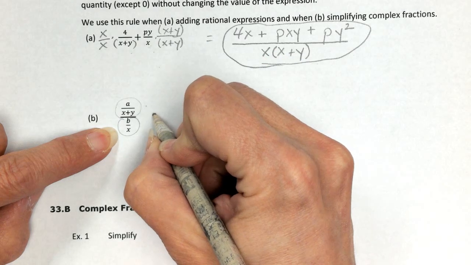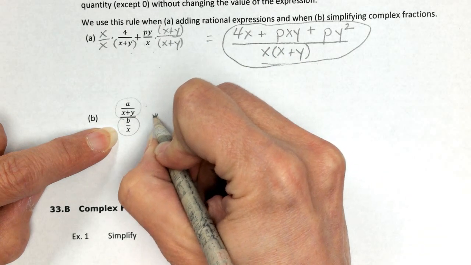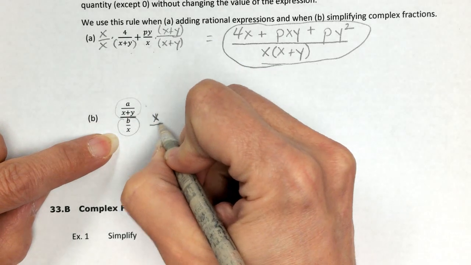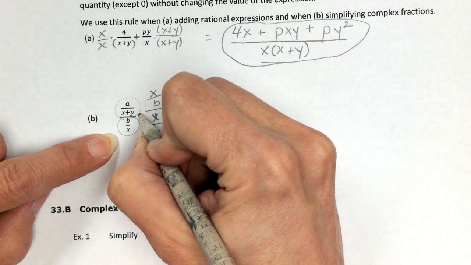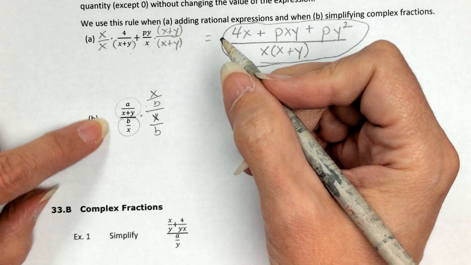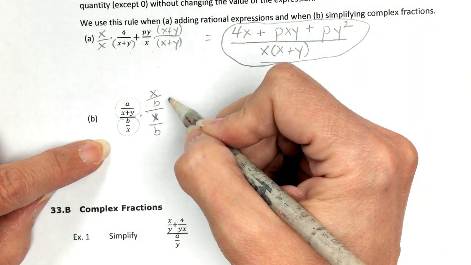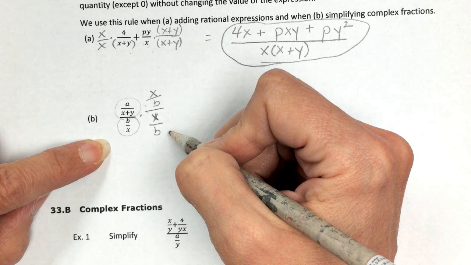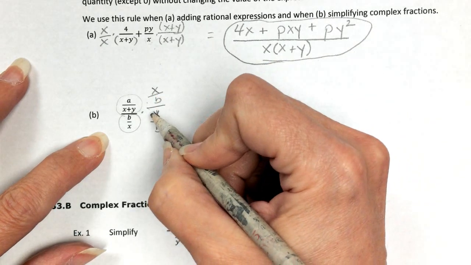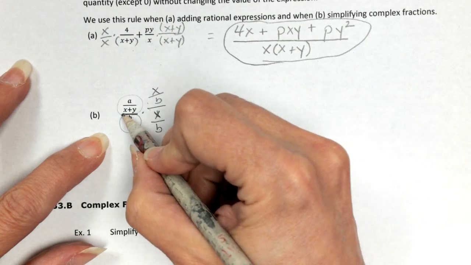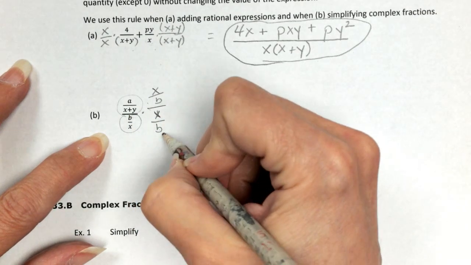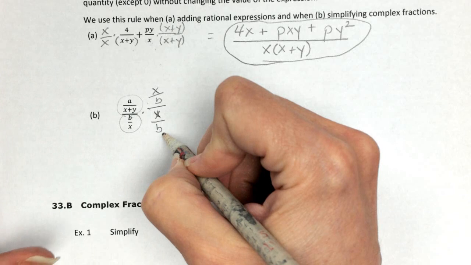The reciprocal of b over x is x over b. So I multiply this complex fraction by that complex fraction, but it's going to simplify, because down here in the bottom part, those b's cross cancel. You basically have bx over bx in the bottom. That reduces.